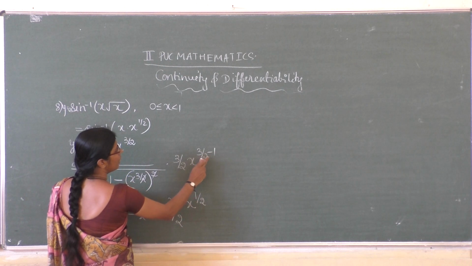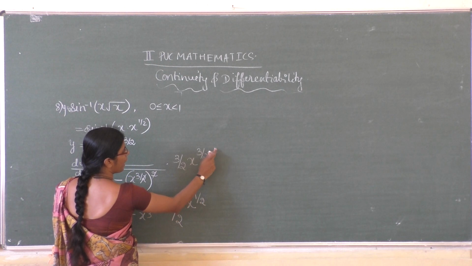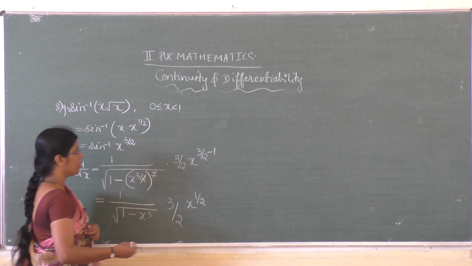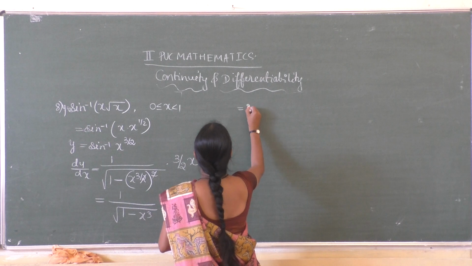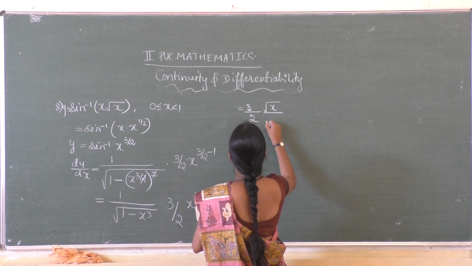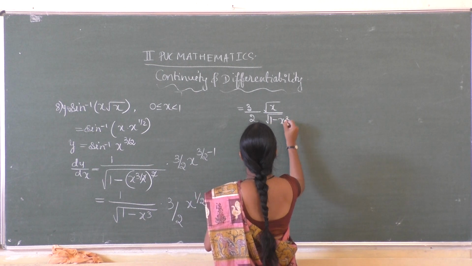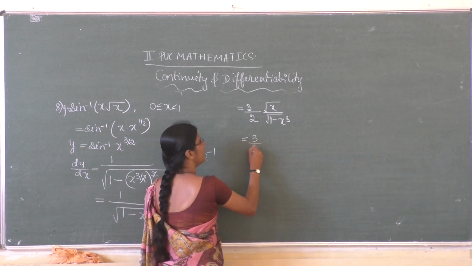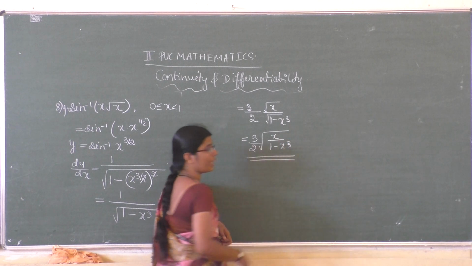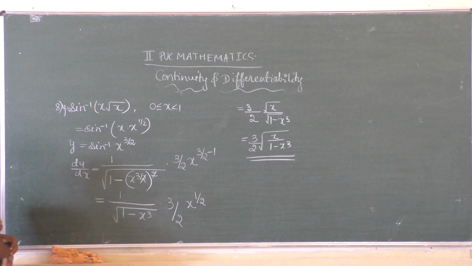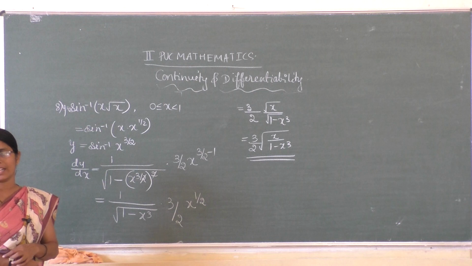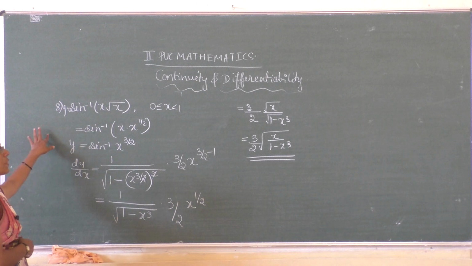Taking LCM, 3 minus 2 is 1, so x to the power 1 by 2. So this equals 3 by 2 root x by root of 1 minus x cube, or you can write this as 3 by 2 root of x by 1 minus x cube. So this is how we get the derivative of such a function.